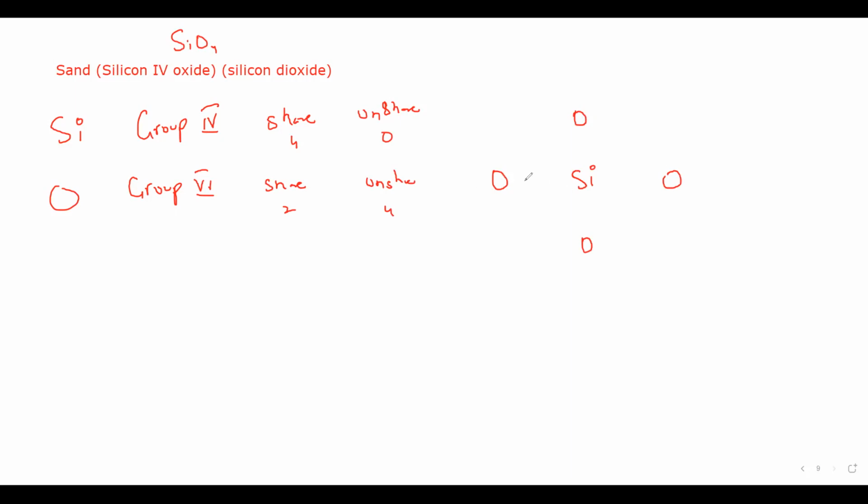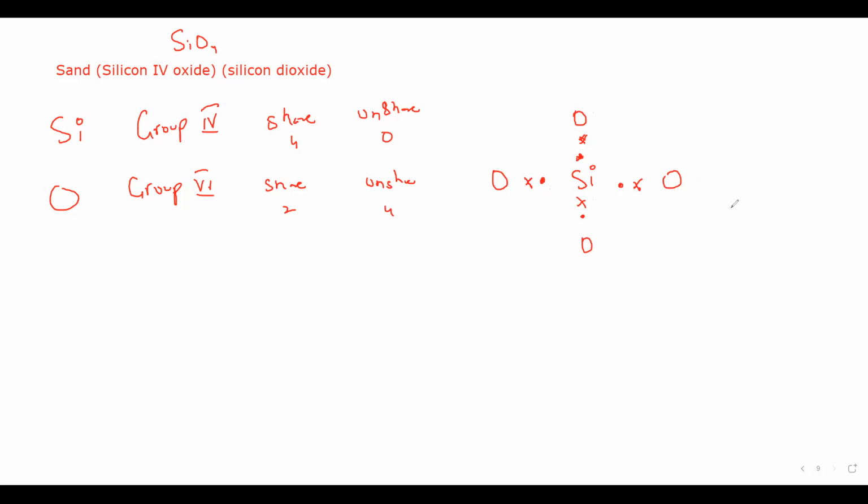When oxygen shares 1, silicon will also share 1 from that side. Oxygen shares 1, silicon will also share 1 from that side. But now another oxygen is left with another electron to share.